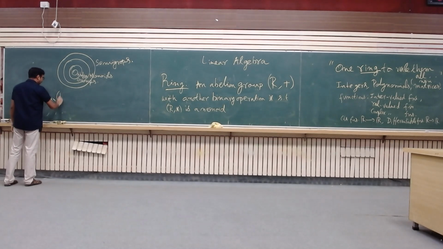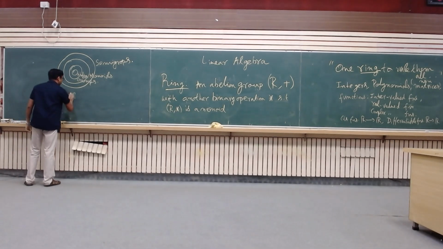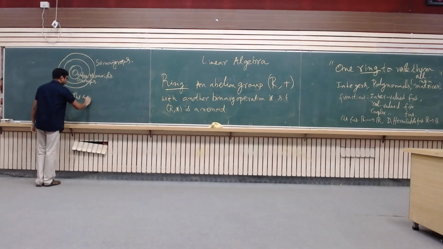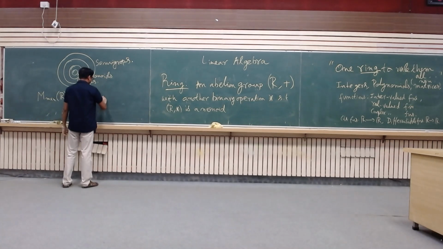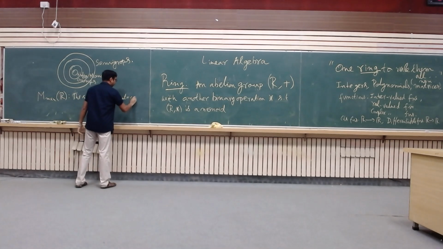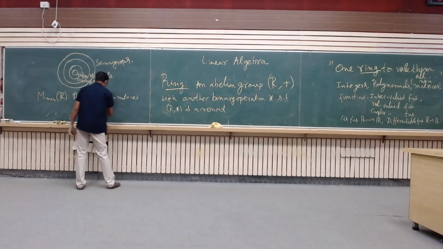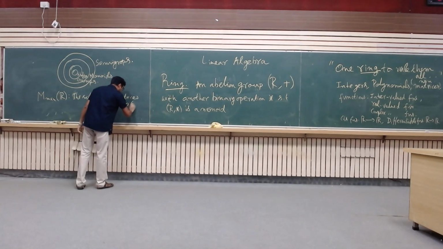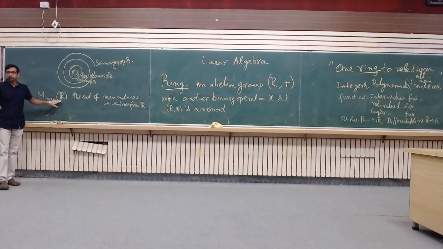M cross n R is the set of M cross n matrices with entries from R. Okay?